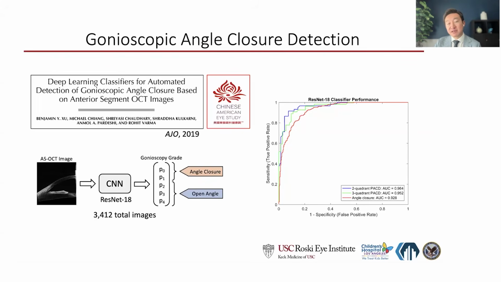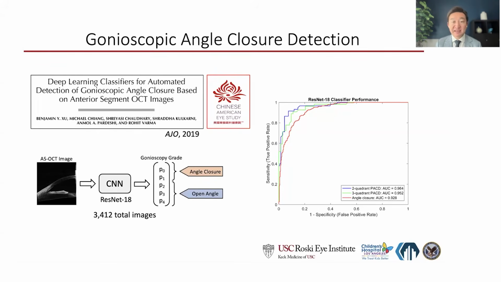And so this model for detecting angle closure in a single quadrant using a single AS-OCT image achieved an area under the curve of 0.93. That's this red curve, which corresponds to a balanced sensitivity and specificity of around 85%, which is quite good.